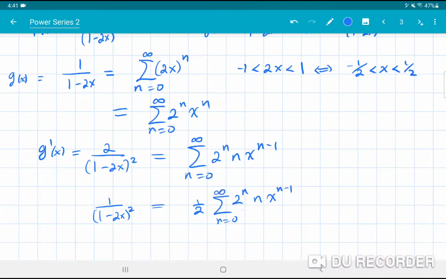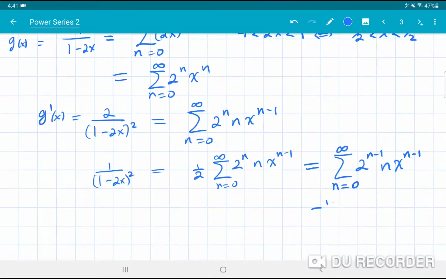If you slide the 1/2 into the summation sign, you're going to get 2 to the power of n minus 1, because one of the 2's cancels, times n times x to the power of n minus 1, from 0 to infinity. And this is true for minus 1/2 less than x less than 1/2. We're going to keep that.